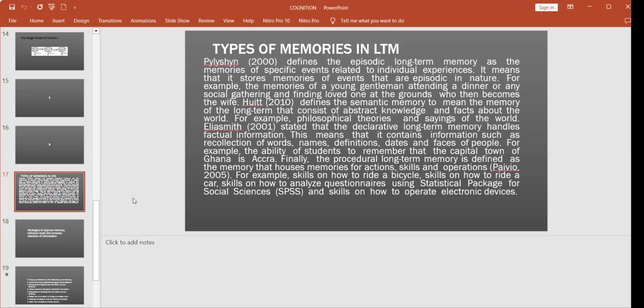And then out of semantic and episodic, which is easier? Procedural memory already gone. It's the easiest. Out of semantic and episodic. Episodic. No. Why? It's not consciously committed.